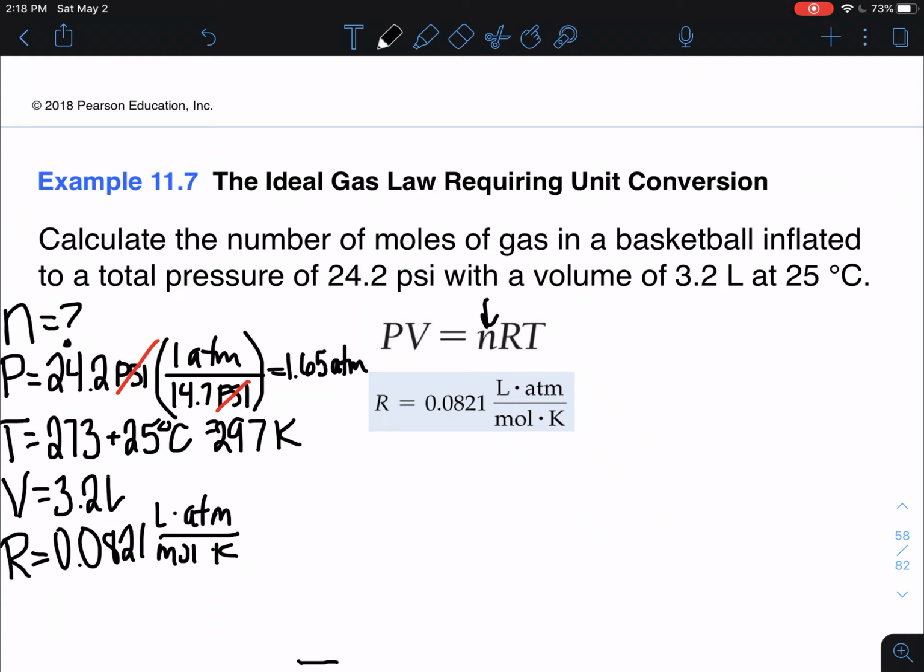All we have to do is divide both sides by RT. So n is going to equal PV over RT.